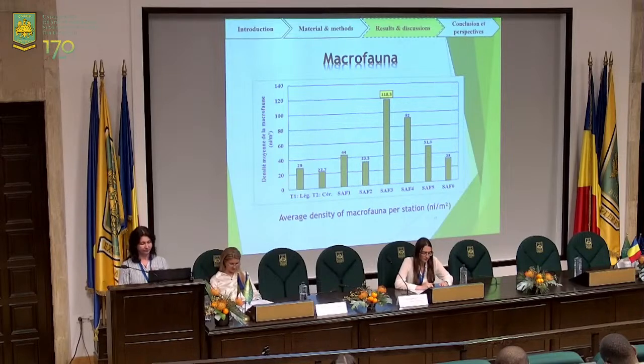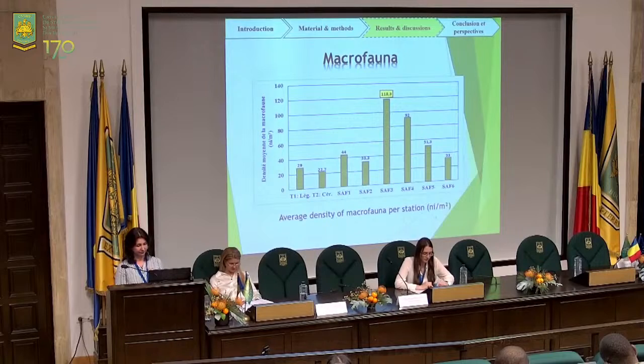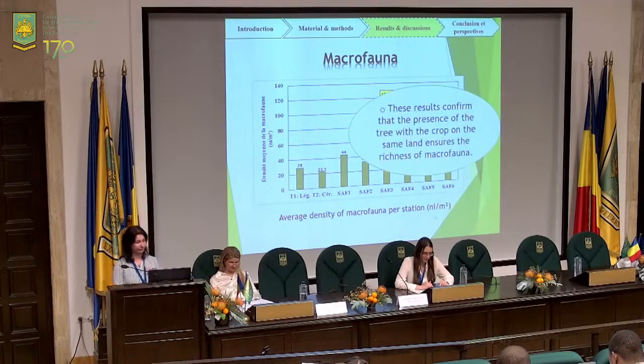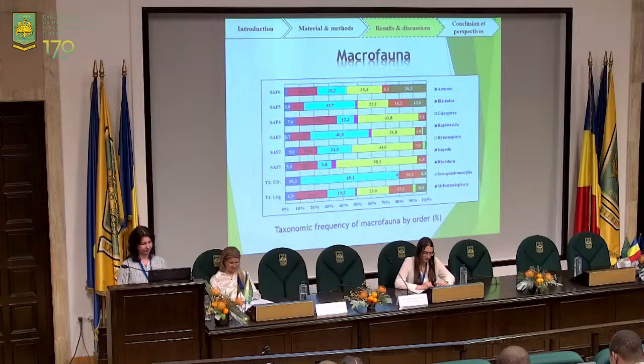For the results, the average density of macrofauna in the plots was higher in agroforestry system 3 compared to the control. These results confirm that the presence of trees with the crop on the same land ensures the richness of macrofauna. Now we can show the taxonomy.